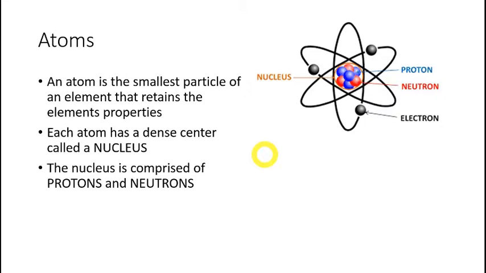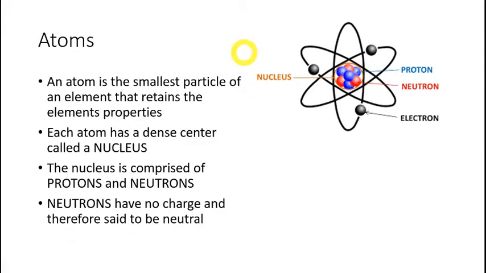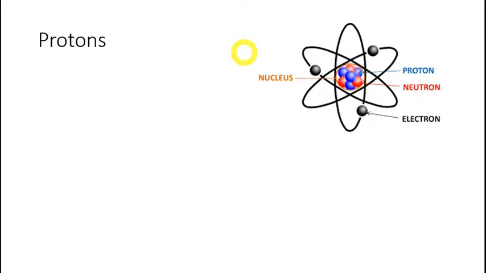That nucleus is comprised of both protons and neutrons, and they are held together tightly in the center of this atom. The neutrons have no charge at all, and therefore they're called neutral. That's kind of where they get their name from, neutron. So they are a part of the nucleus, but they are not a part of the charge within the atom. They are neutral in charge.